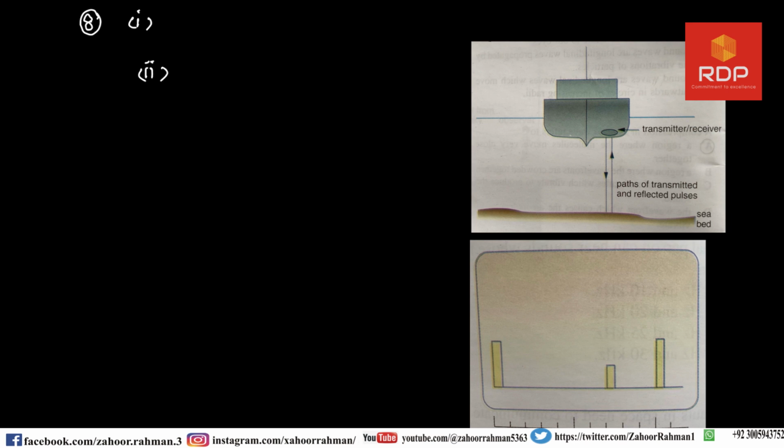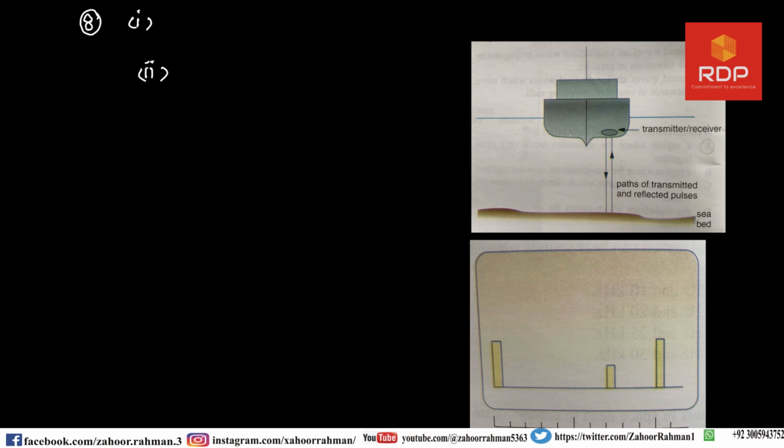A scale close to the screen shows the time delay in milliseconds. Remember the time delay is in milliseconds. So after observing these two diagrams carefully, we are now in a position to solve the question.